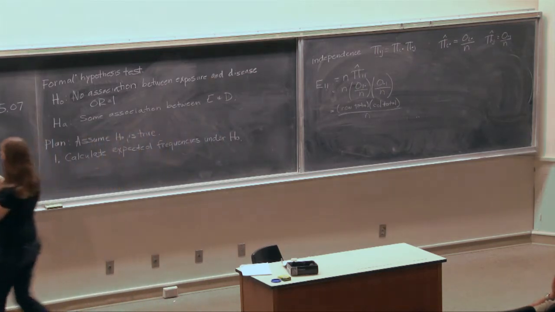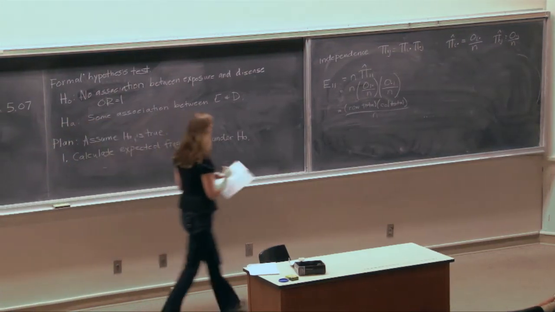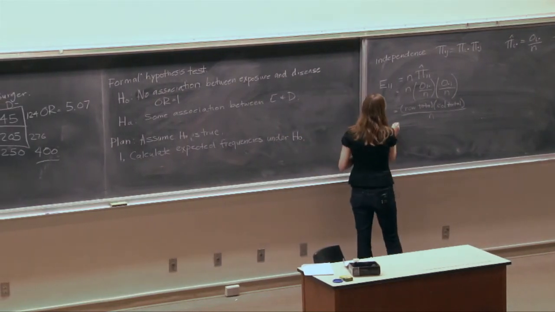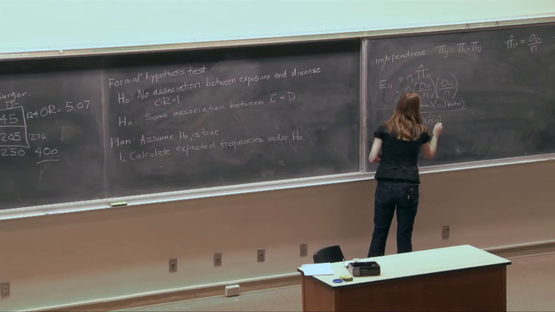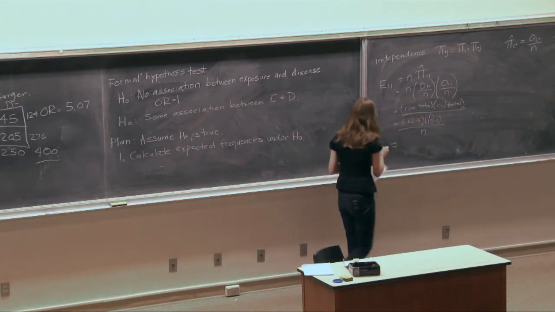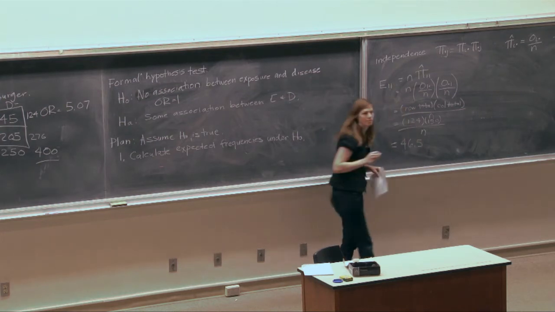So maybe I'll put some row totals here. 124 and 276 are my column totals. So my expected number here is going to be 124 times 150 over n, which is 46.5.